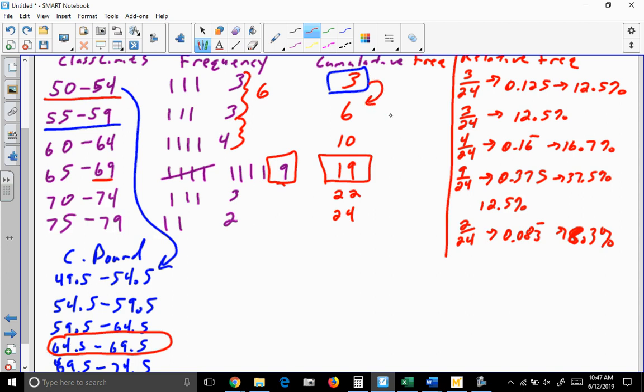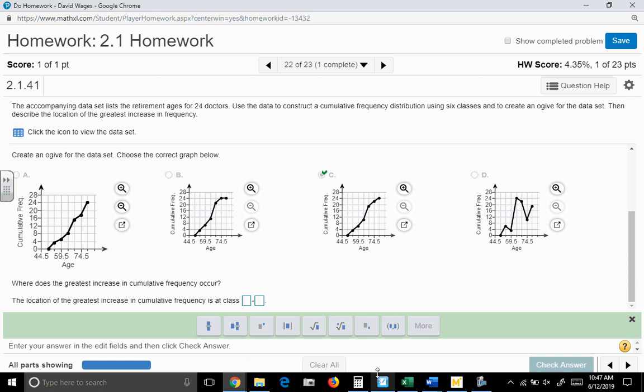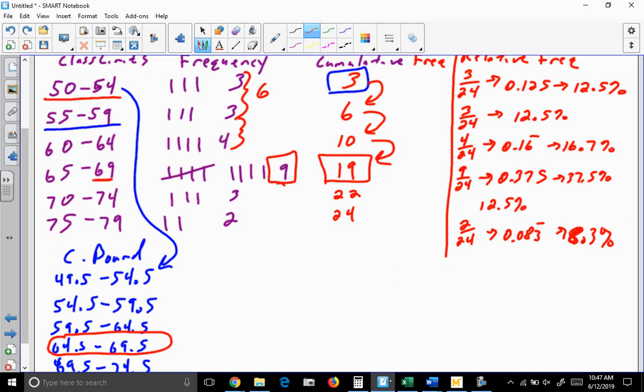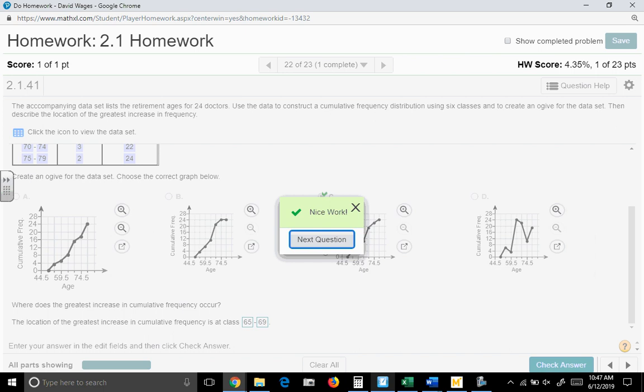From here to here, we went up 3. Here to here, we went up 4. But here to here, we went up by 9. They're just asking us for the class here, not the class boundaries. So the class where that occurs is 65 to 69. So let's make sure that's what they want, 65 to 69. And yes, that's what they're looking for.